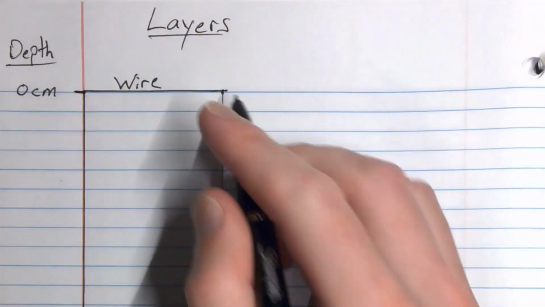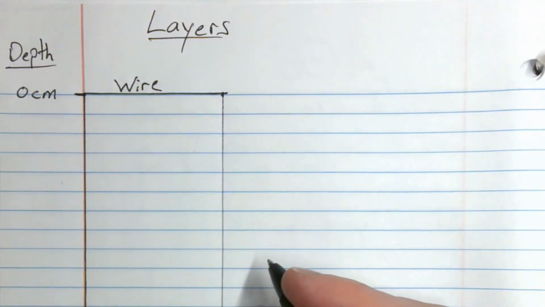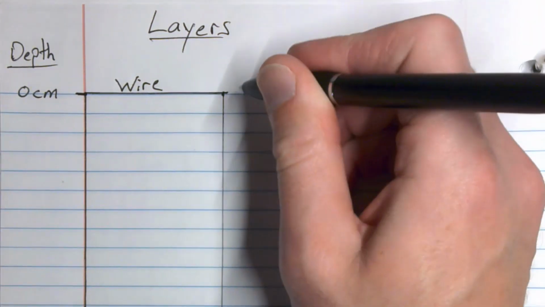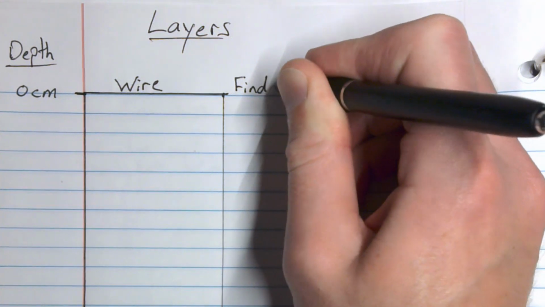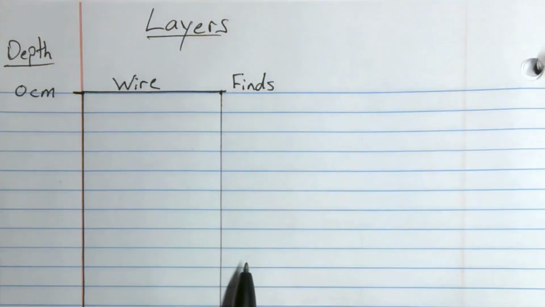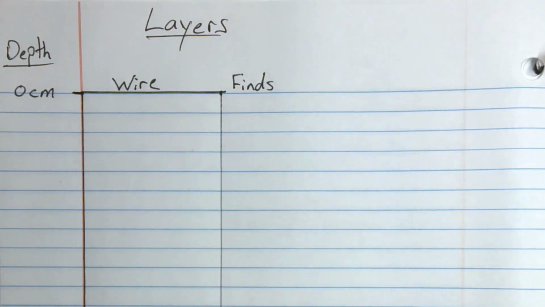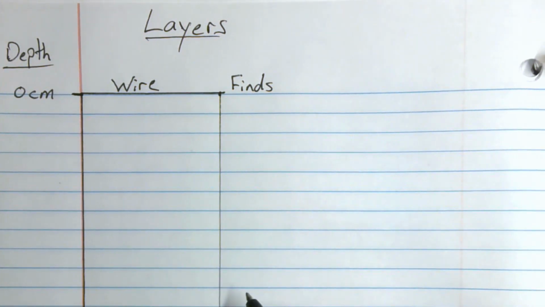So then next to our wire box, we're going to write finds. And these are things that we have maybe found in the dirt, or different objects, maybe a rock, maybe a shell, or anything that you happen to see.